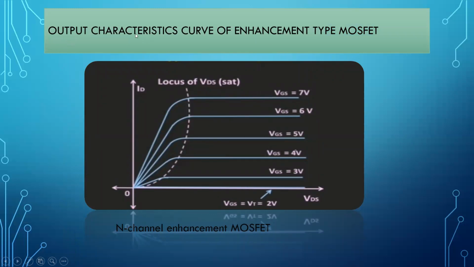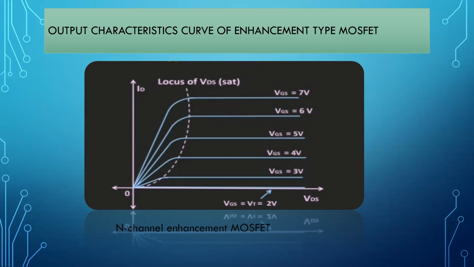Now we can see the output characteristic curve of the N-channel enhancement type MOSFET. This graph is between VDS and ID for different values of VGS.